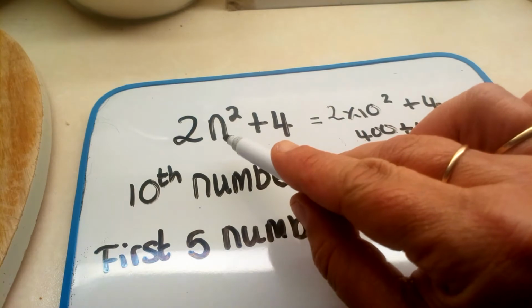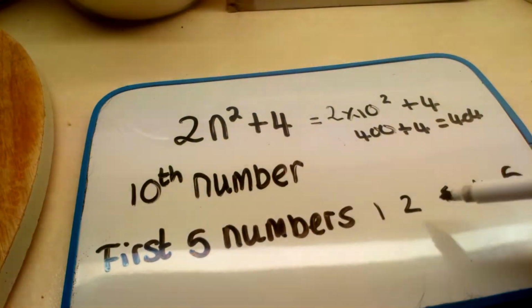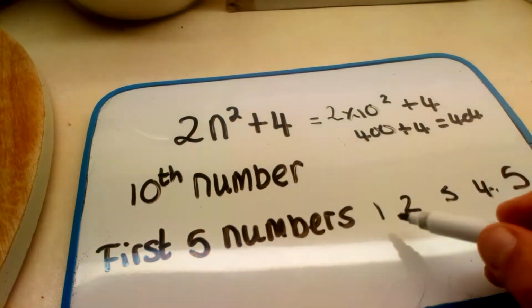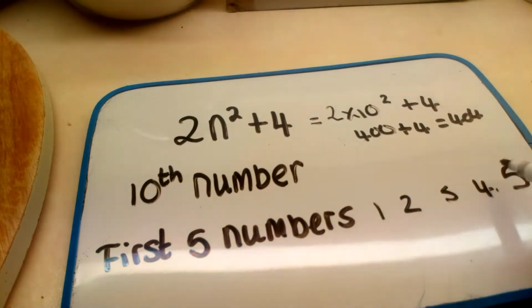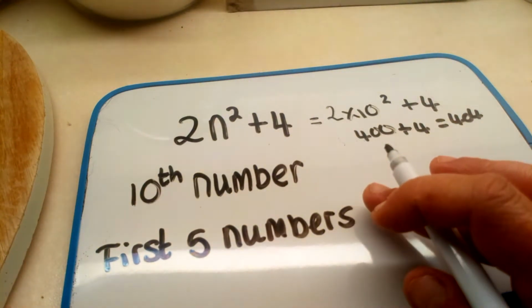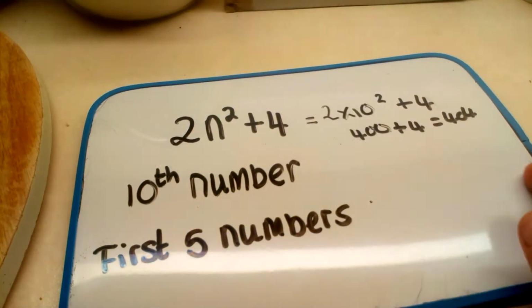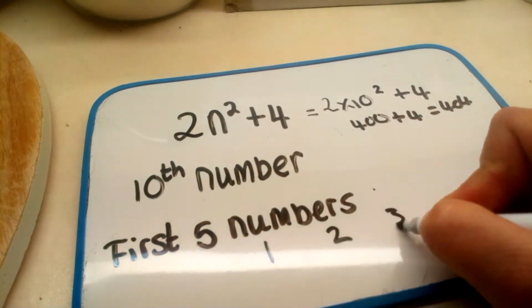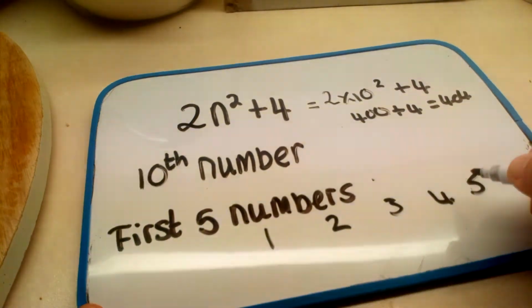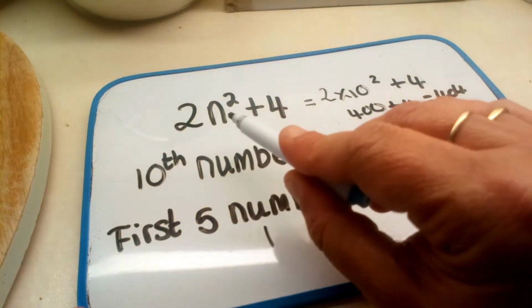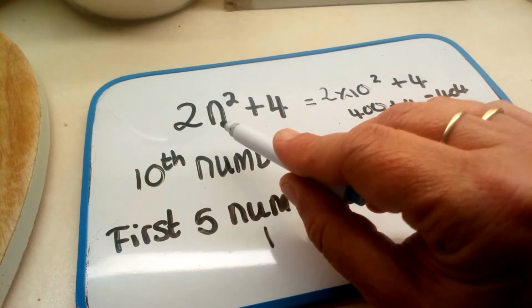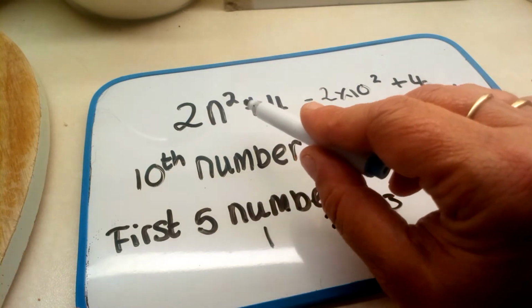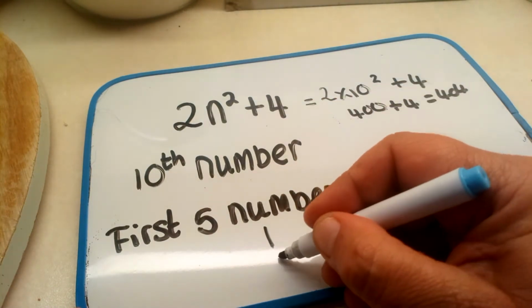We're going to swap the n out for the 1, 2, 3, 4 or 5 each time. Okay, so 2 times 1 is 2, squared is 4, plus 4 is 8.